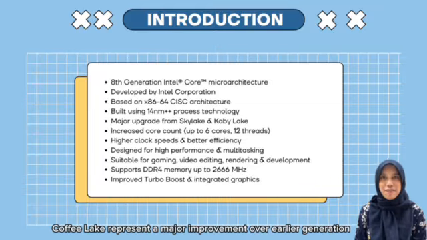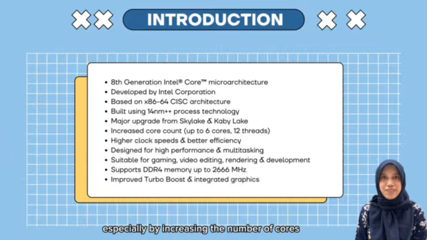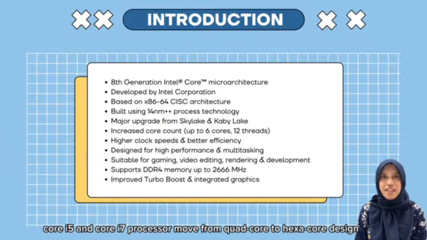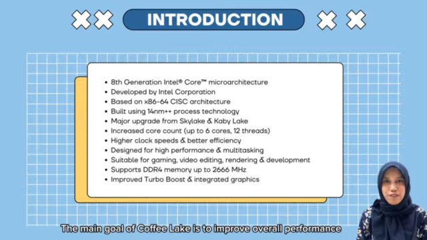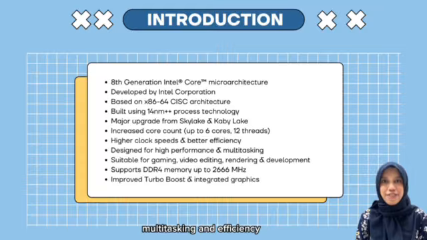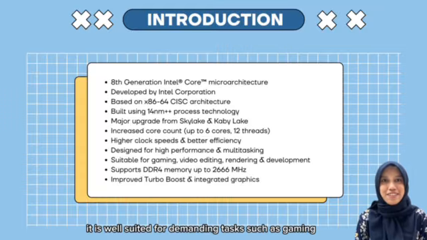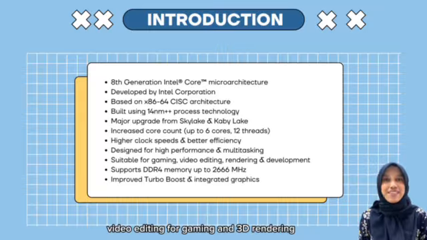Coffee Lake represents a major improvement over earlier generations like Skylake and Kaby Lake, especially by increasing the number of cores. For example, Core i5 and Core i7 processors move from quad-core to hexa-core design, significantly boosting performance in mainstream systems. The main goal of Coffee Lake is to improve overall performance, multitasking, and efficiency. It is well suited for demanding tasks such as gaming, video editing, programming, and 3D rendering.